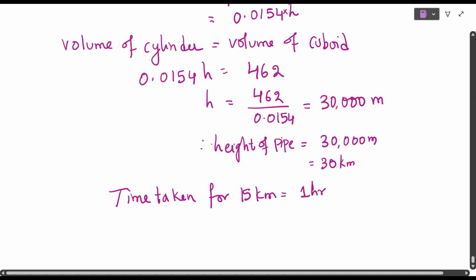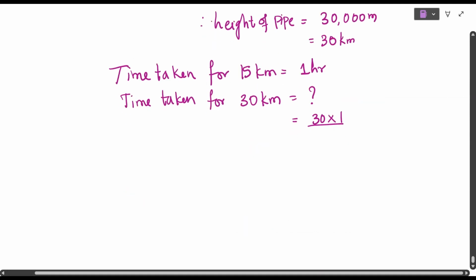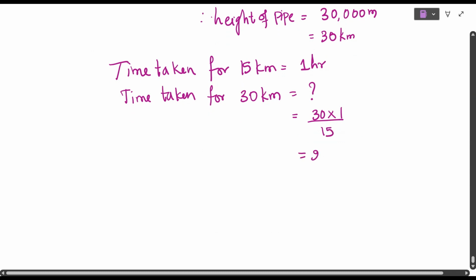Now what we have to find? Time taken for how many kilometers, students? 30 kilometers. So time taken for 15 kilometers is 1 hour. This they have given in our question. So we have to calculate the time taken for 30 kilometers. How will you find? 30 into 1 by 15. So that is equal to 2 hours.